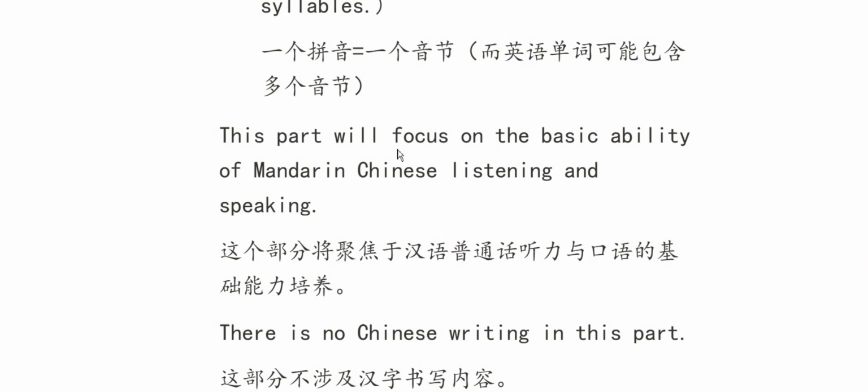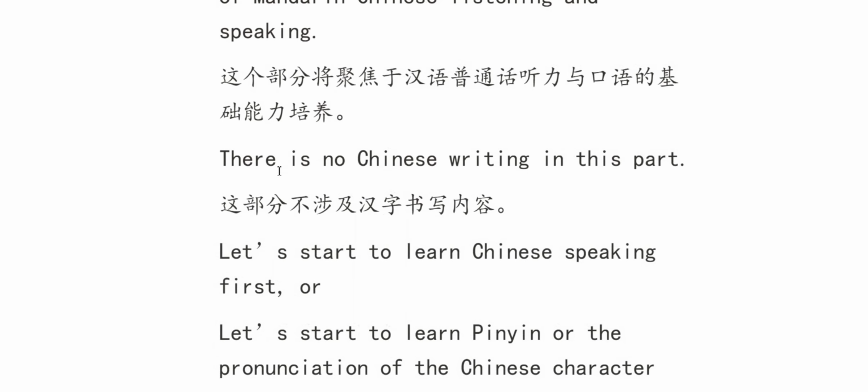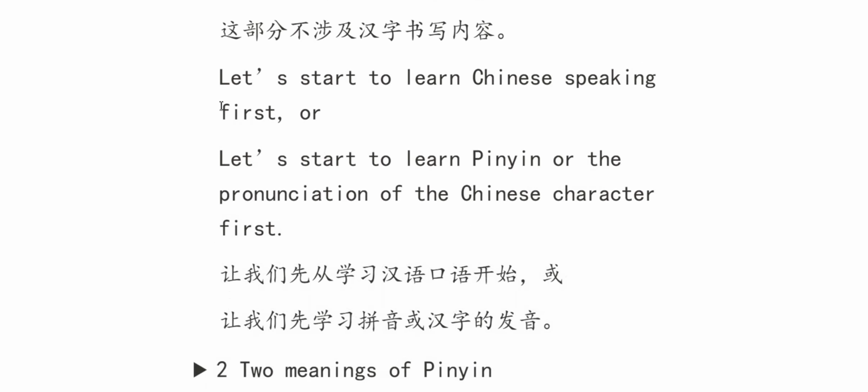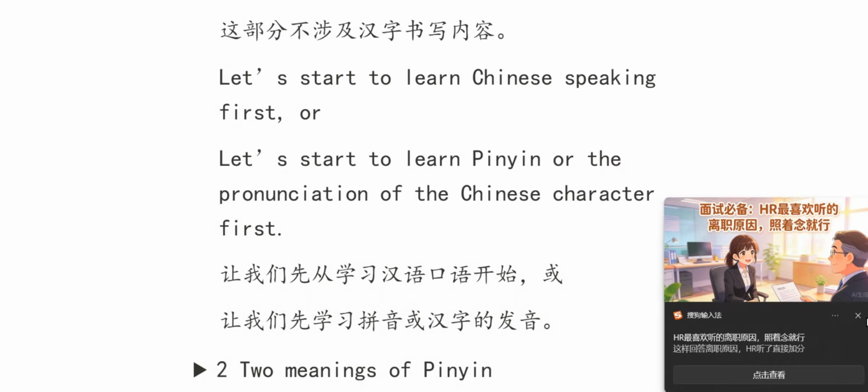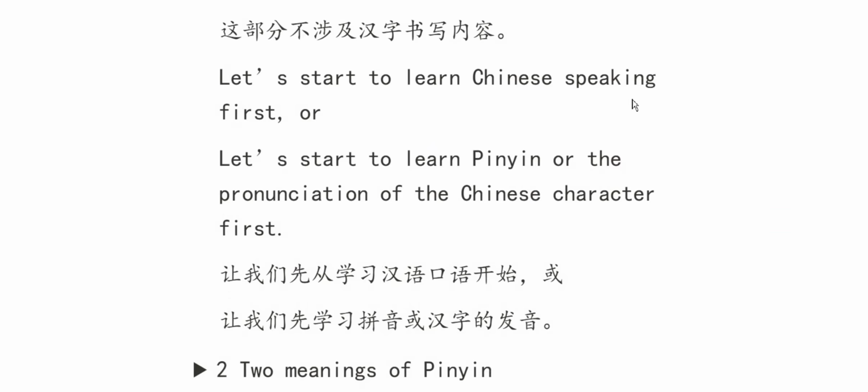This part, we will focus on the basic ability of Mandarin Chinese listening and speaking. There is no Chinese writing in this part. Let's start to learn Chinese speaking first, or let's start to learn Pinyin or the pronunciation of the Chinese character first.